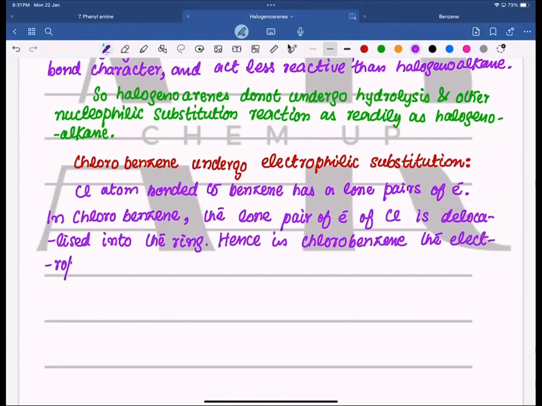the electrophilic substitution occurs at 2, 4, and 6 positions.